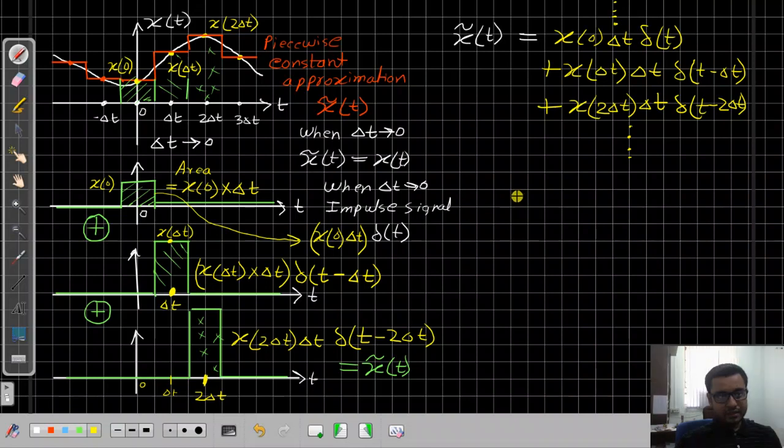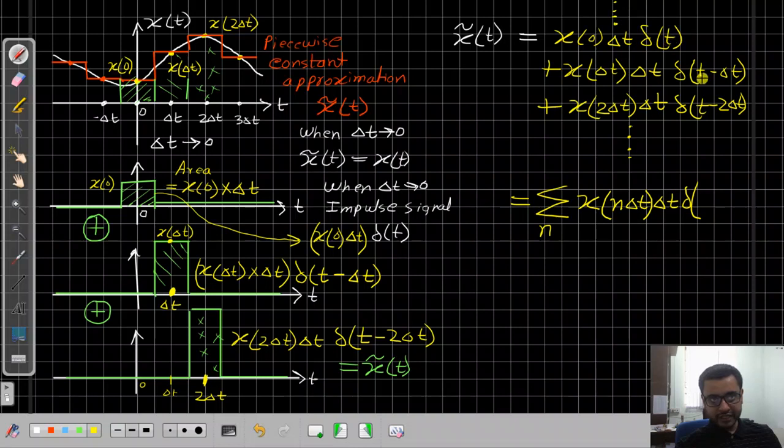And then in a compact form, I can write it as a sum of x. This you see varies as 0, del t, 2 delta t, 3 delta t, and so on. So I will write it as n times delta t. The sum will be carried over the integer n. Then we have this term common everywhere, then an impulse function delta t.